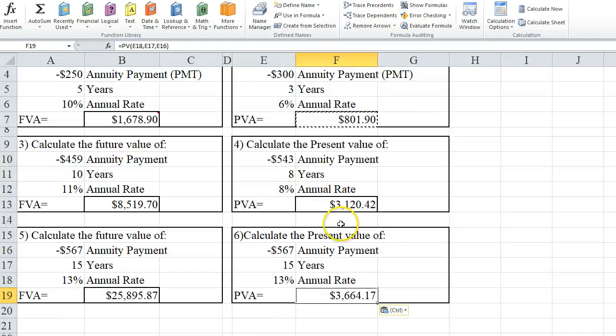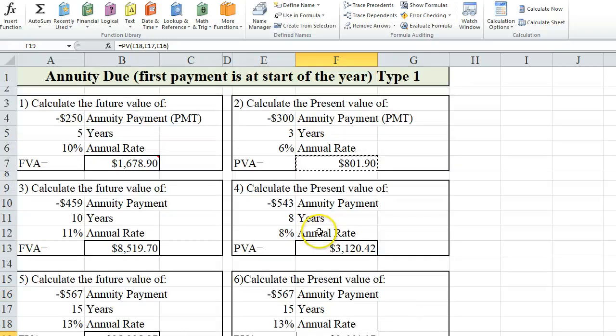And we see that 15 annual payments of $567 and a 13% discount rate is only going to calculate a present value of $3,644, which is, if we looked at 567 times 15 years, we see that's 8,500.